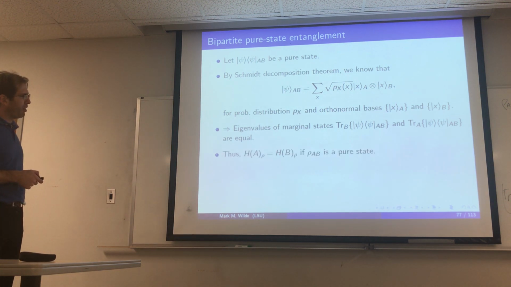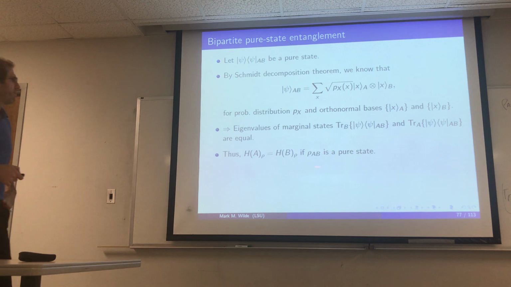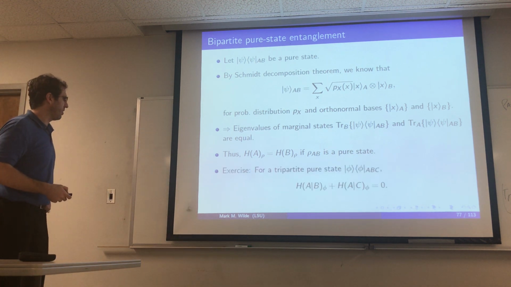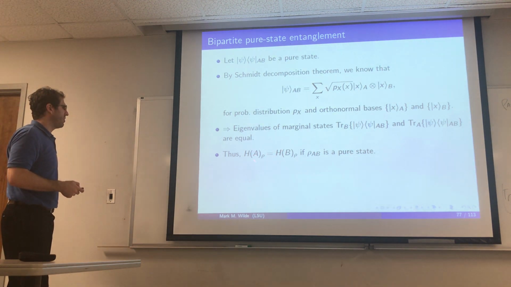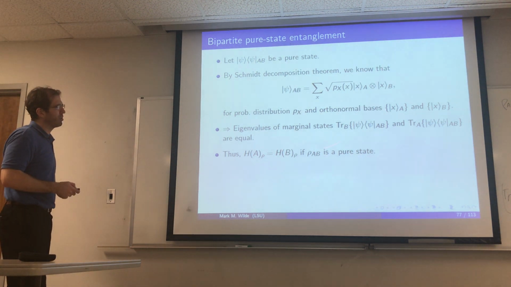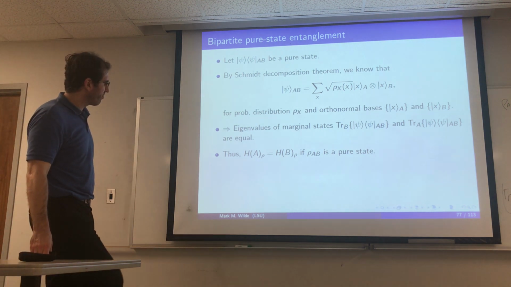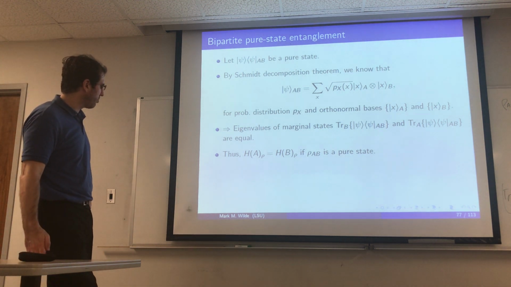And what does that mean? By what we wrote in the previous slide, the entropies of the reduced states are equal if rho AB is a pure state. So that's an interesting consequence of the Schmidt decomposition theorem, and it's a useful observation and tool.